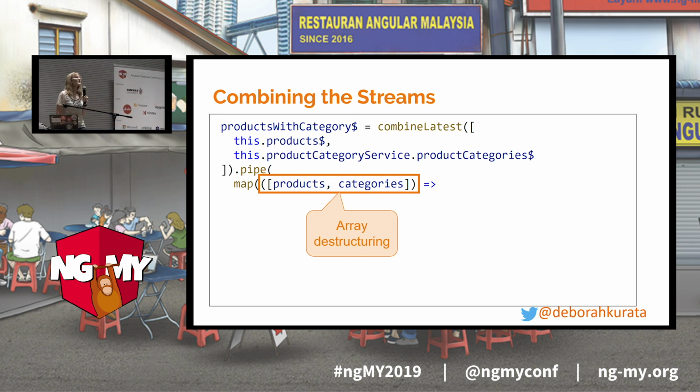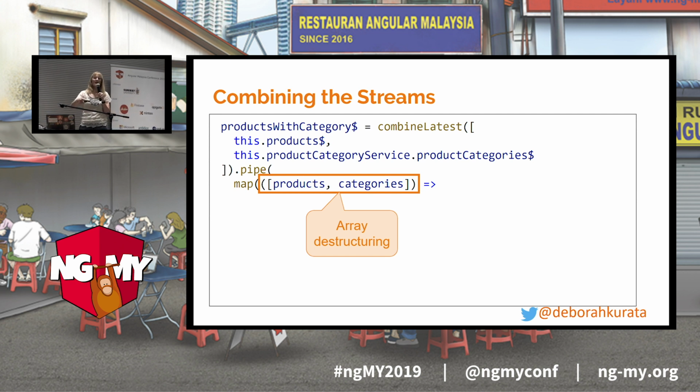So the first thing I'm doing is using array destructuring. And array destructuring is a feature of JavaScript, and all that it's doing is letting us assign a variable name to that array element. So instead of having to say bracket 0 bracket to get at that first element and bracket 1 bracket to get at the second element, we can just assign variables to them.